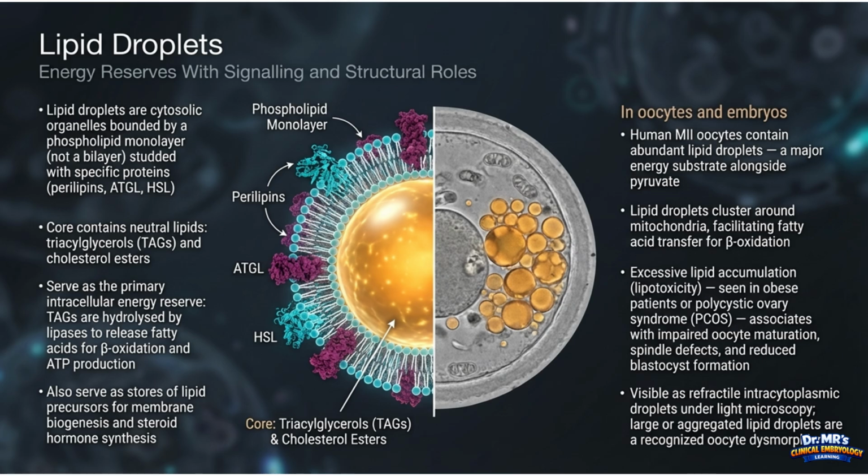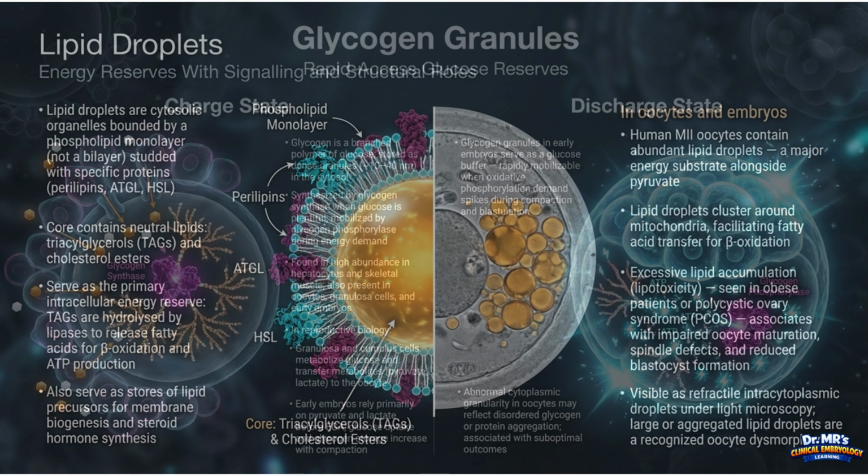Lipotoxicity is associated with impaired oocyte maturation, spindle defects arising from disrupted cytoskeletal dynamics, mitochondrial dysfunction, and ultimately reduced blastocyst formation rates. The lipid overload appears to impair the delicate spatial organization of cytoplasmic components that competent maturation requires. These large or aggregated lipid droplets are a recognized oocyte dysmorphism under the European Society of Human Reproduction and Embryology framework. From one energy storage system, let's move to the other, glycogen.